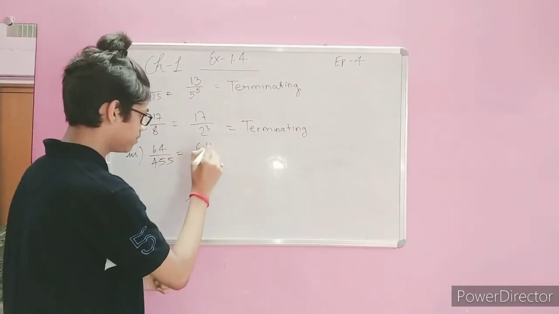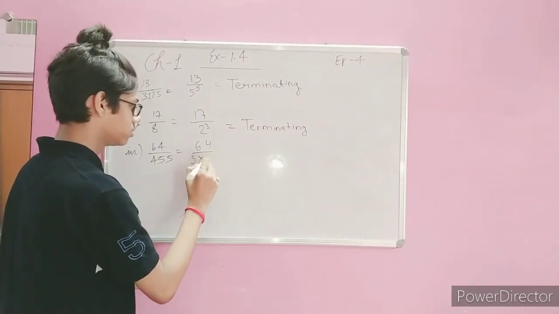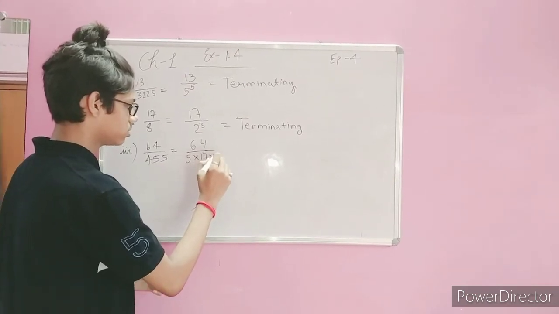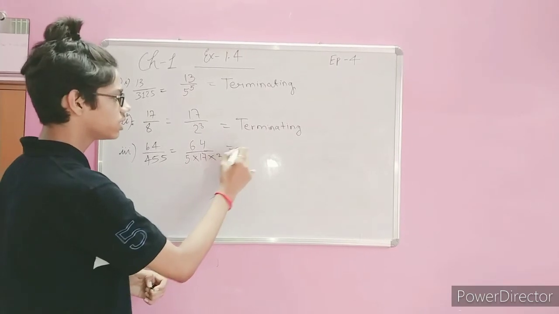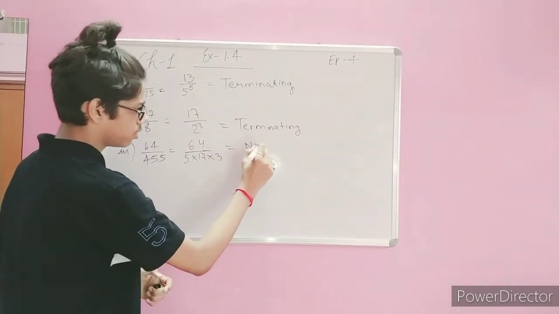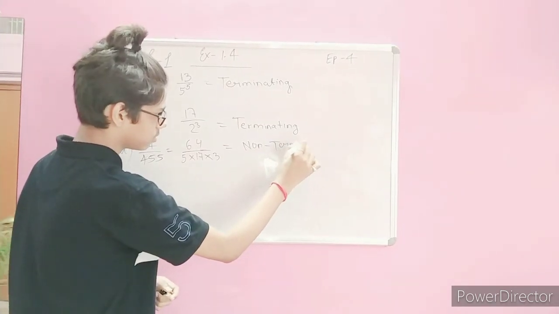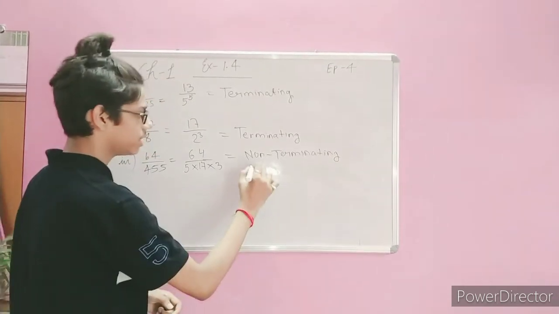So here we have 64 and 5 into 17 into 3. So it is non-terminating repeating.